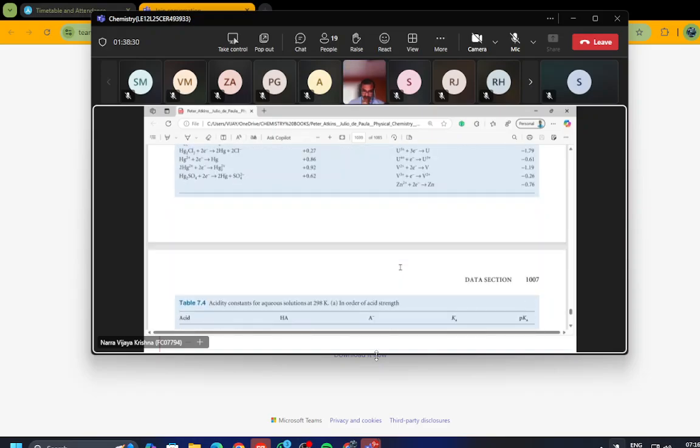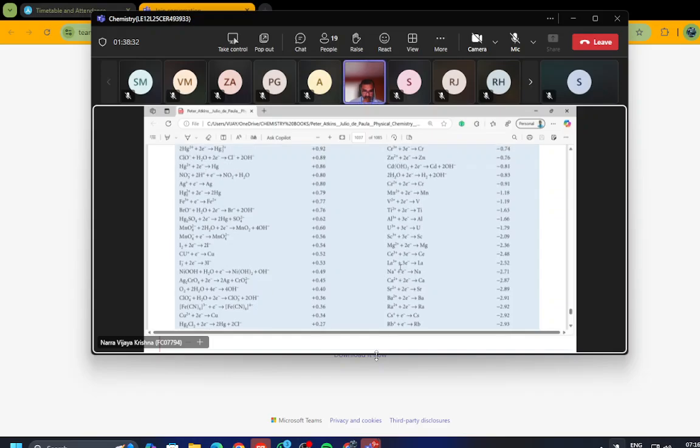These are all reduction potential values.